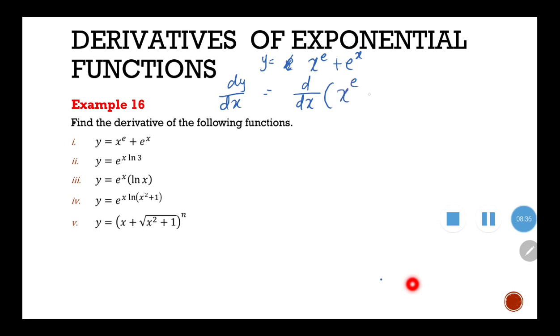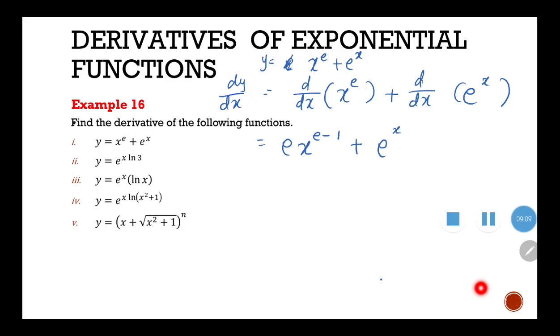So the d/dx of x to the power of e plus the d/dx of e to the power of x. So for this one here, e is brought to the front and x to the power of e minus 1. Okay, in this case here, just treat e like any number. And this one, the derivative of e to the power of x is also e to the power of x.